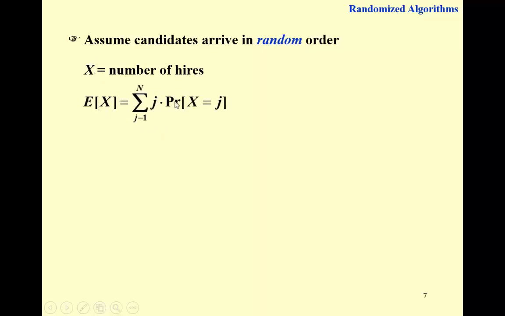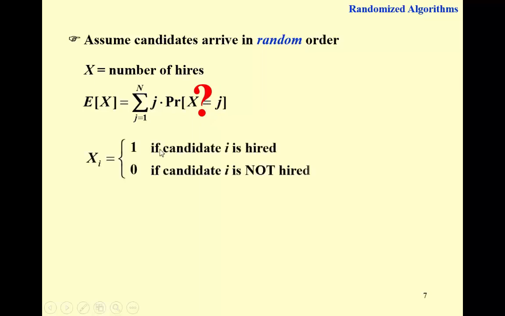So this is the original definition. The big question is, what is this? How are we supposed to know the probability of x being exactly j for every j? We don't know, but here's the trick we can play.